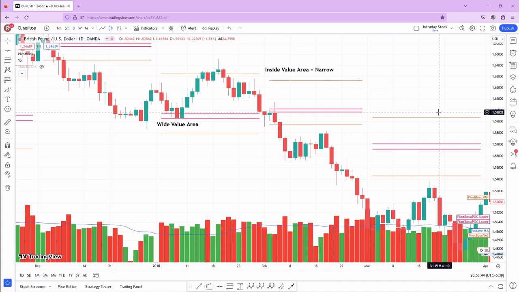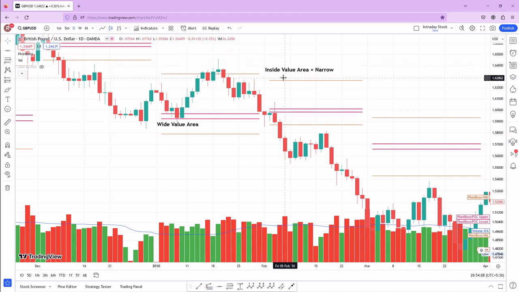So you basically know the narrow CPR means trending market, the narrow Camarilla pivots mean trending market, the narrow value area or money zone value means trending market. This is very well known to everyone. So here the same concept: this is a wide value area, and the forex trade happened inside a trading range.